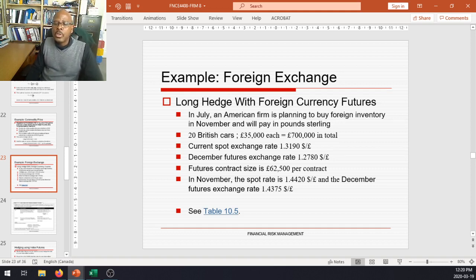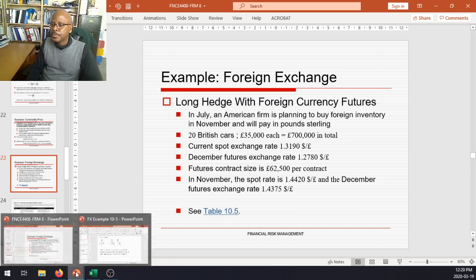The car dealer enters into the hedge in July, and in November, when the car dealer needs to purchase the pound sterling, the spot price is $1.442 per pound, and the December futures price for the pound is $1.4375. So let's analyze this.